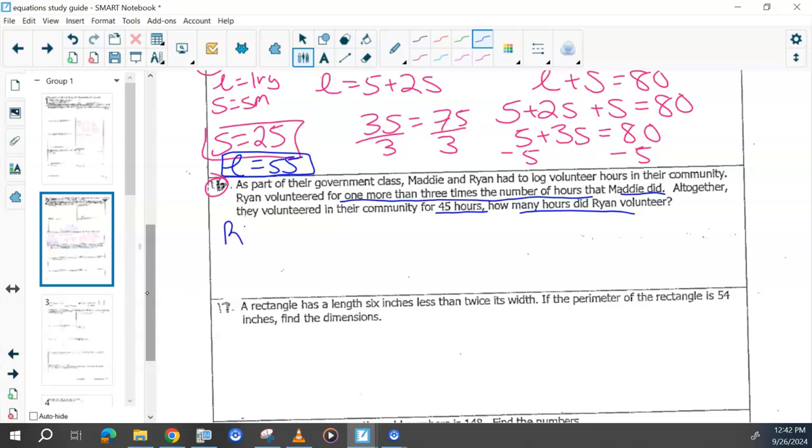So this first part is talking about Ryan's. So one more than, I'm adding 3 times the number Maddie did. I also need variables. So let's say I'm saying R and M for number of hours each volunteered.